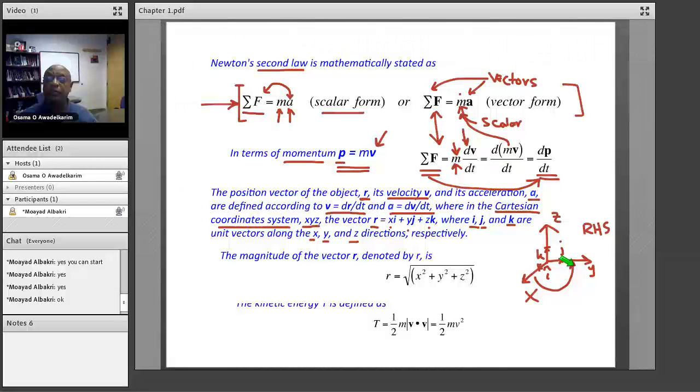The magnitude of the position vector r is denoted by scalar r, not written as bold, just a regular letter.